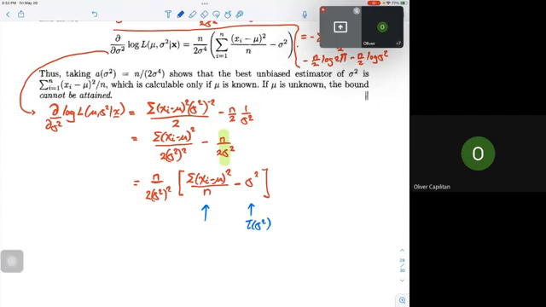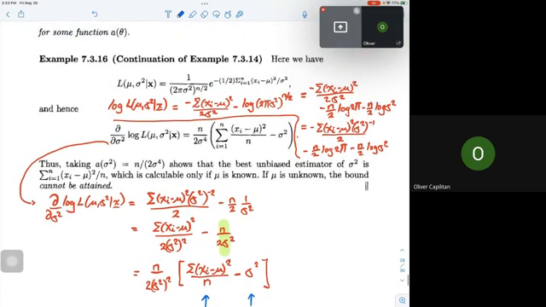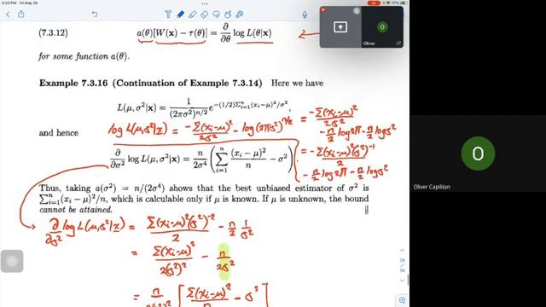Okay, so let me go back. In our corollary 7.3.15, we're going to use this corollary in order to determine our estimator that attains the Cramer-Rao lower bound. Okay, so we have this. We have already expressed our partial derivative of the log likelihood.